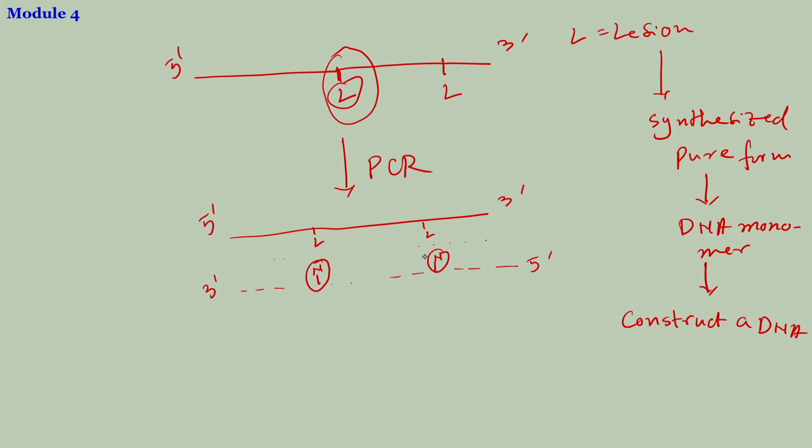If you do the sequencing, then you can know the identity of these two nucleobases, and from there you can have the accurate idea of what mutation this lesion would induce, because the mutation would be the complementary of this nucleobase.